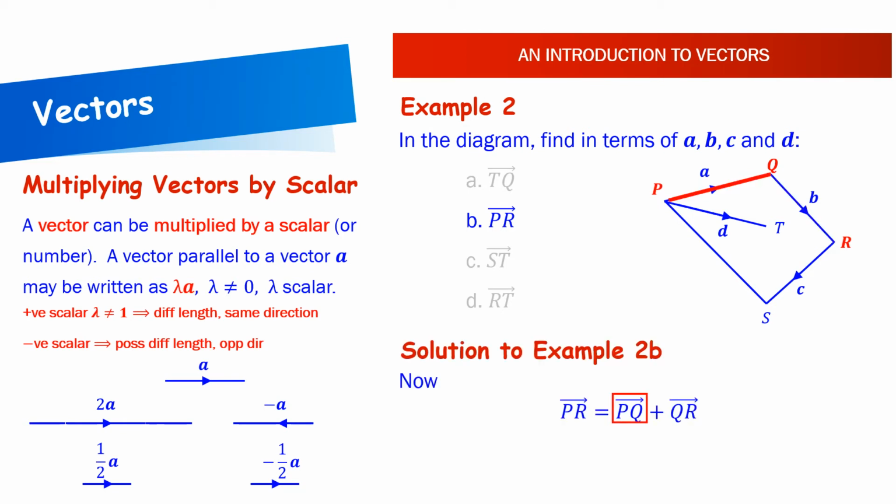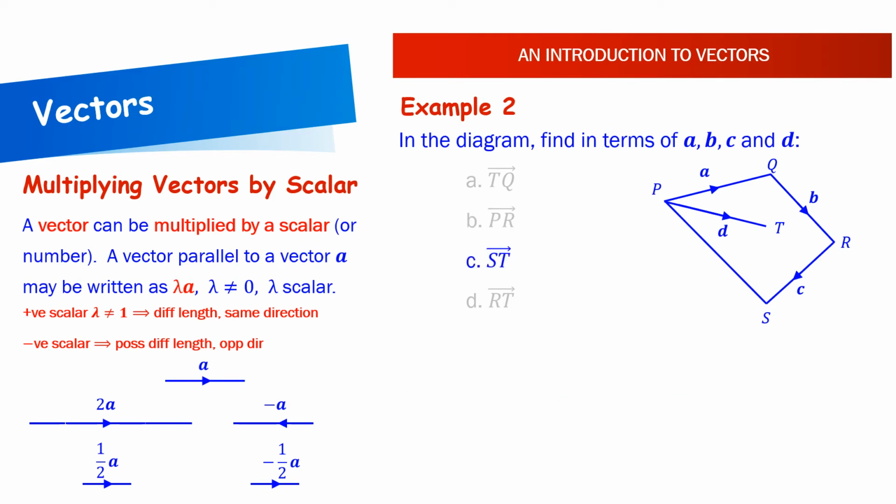Here's P to Q and here's Q to R. And in vectors, this is a, where PQ equals a, plus b, where QR equals b. So our resultant vector is a plus b.